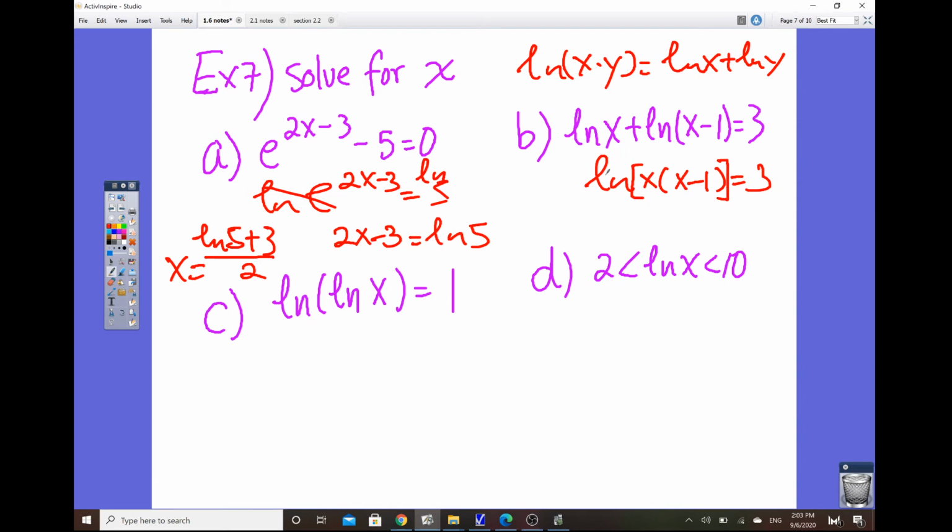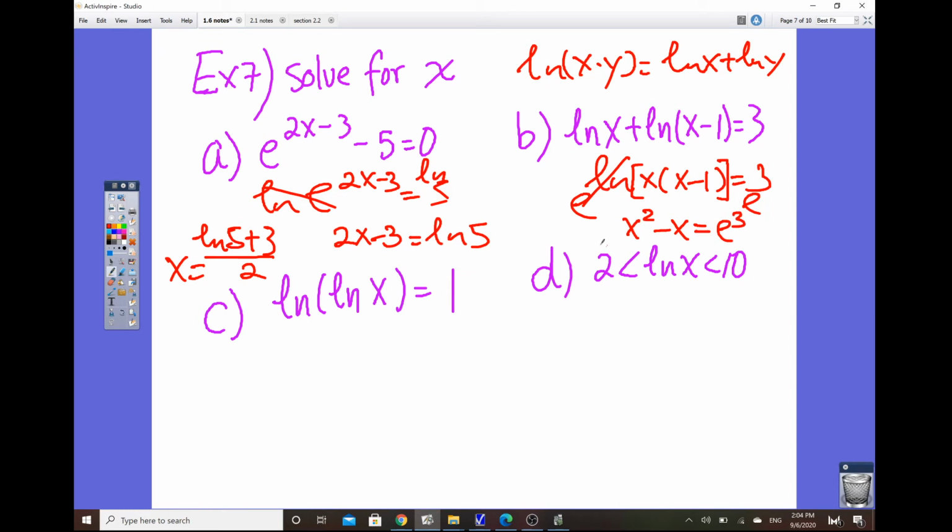Again, this one is natural log of this whole quantity. So in order to get rid of that natural log, we take base e on both sides. So we have e to the power of natural log, which cancels, because that's just 1. So we have x squared, and then the other one here, minus x, and that equals e to the power of 3. And for those of you wondering how to solve for the rest of this, well, e to the power of 3 is just considered a constant.